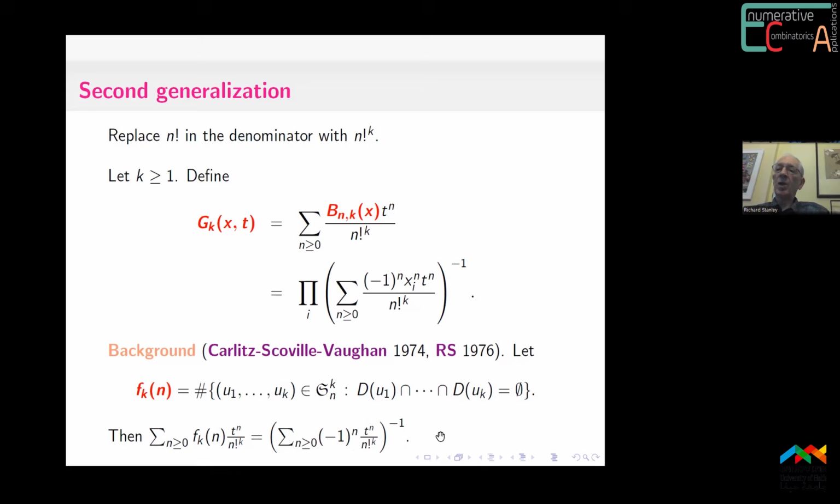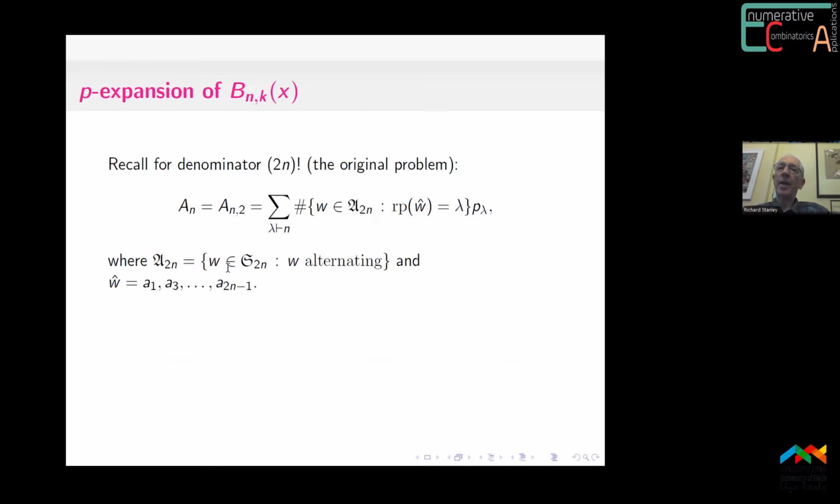So one expects intersections of descent sets to be involved in the combinatorics of this symmetric function B_{n,k}.